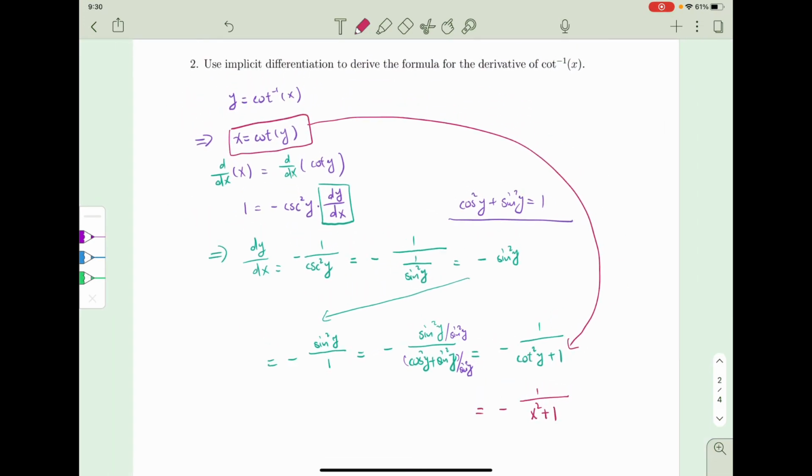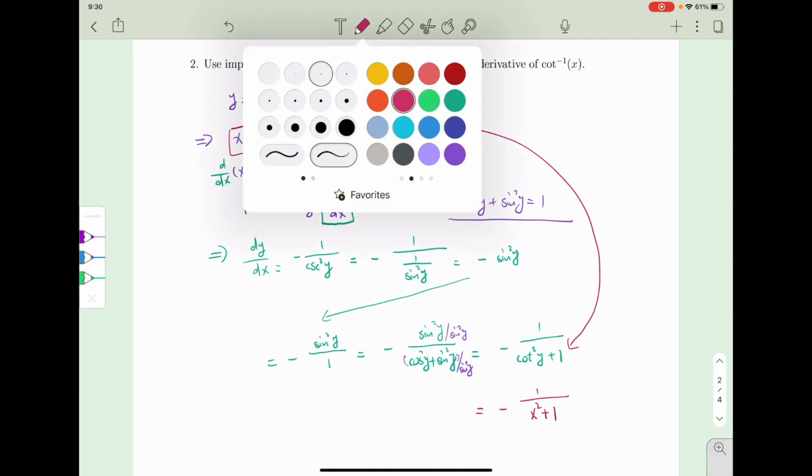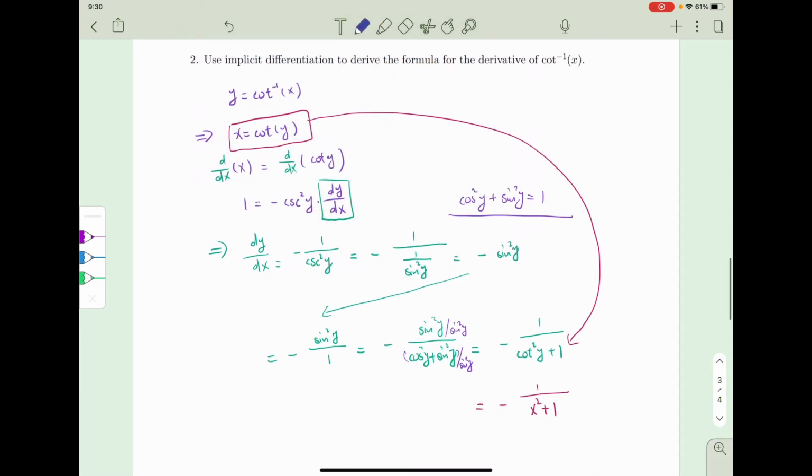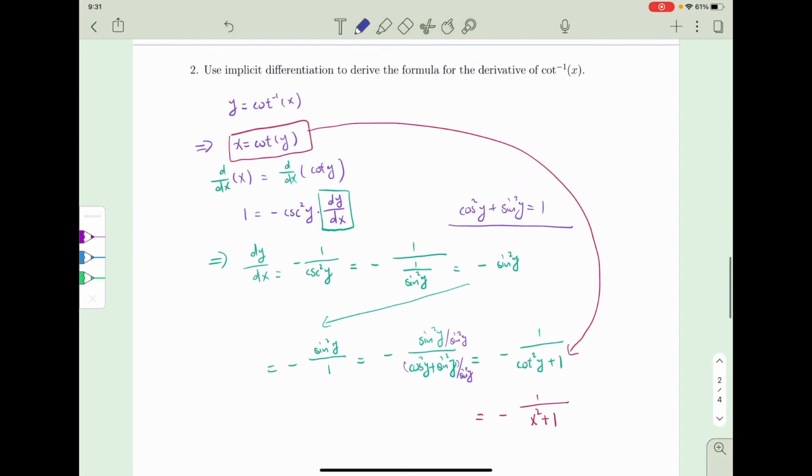You may think that this seems very mysterious, but actually it's not. If you don't want to go over these steps, you can just memorize another identity derived from this identity. That is, you can just memorize that CSC square theta is equal to 1 plus cotangent square theta.